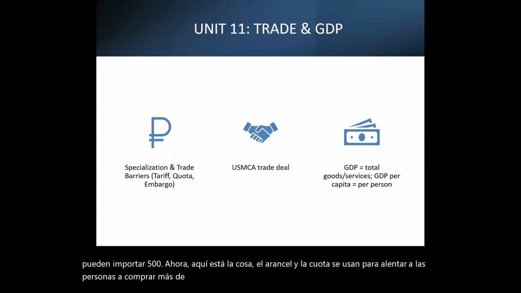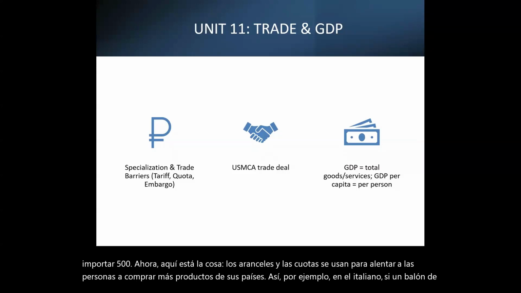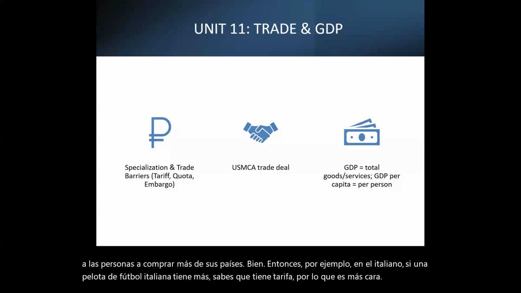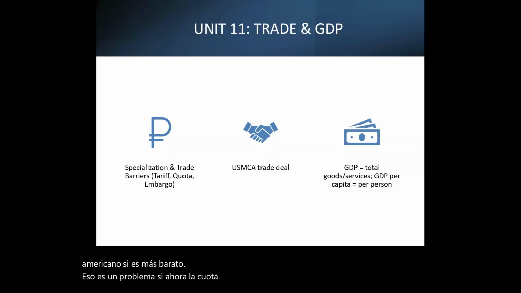So for example, if an Italian soccer ball has a tariff, it's more expensive. It is almost as if it's forcing people to buy the American soccer ball if it's cheaper.